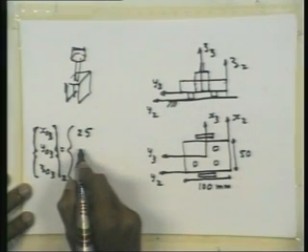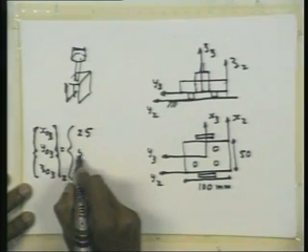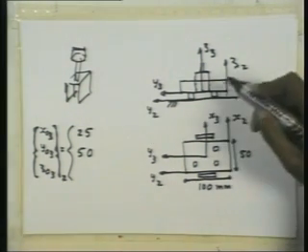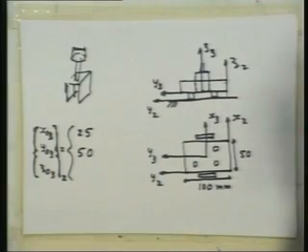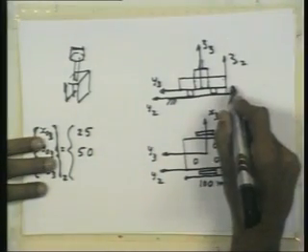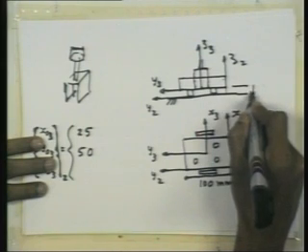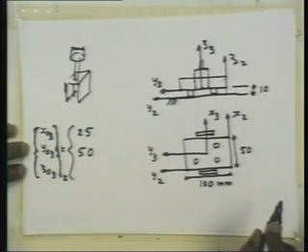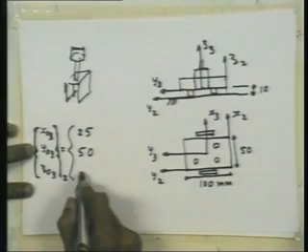Y direction? 50. And the z direction? The height of this hasn't been specified, right? So we'll say that we need this height, let's say 10 millimeters. Okay, so 10.